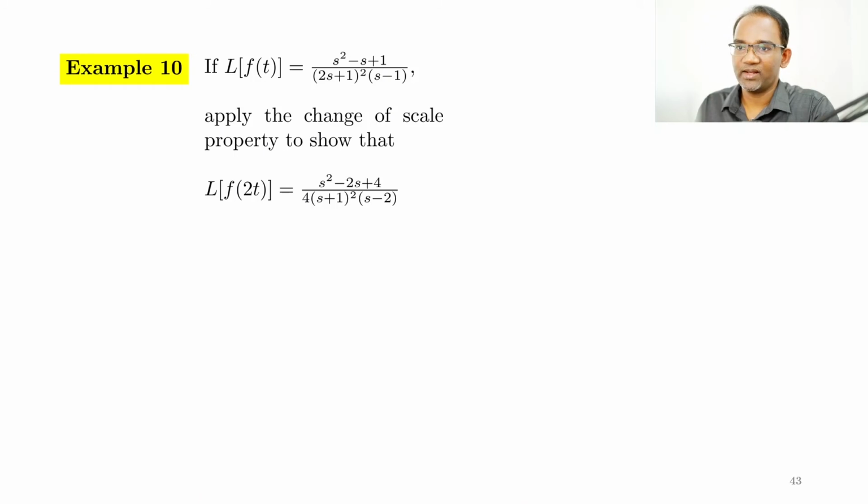Using the change of scale property, let us show that if L of f(t) is equal to (s squared minus s plus 1) over (2s plus 1) the whole squared times (s minus 1), then the Laplace transform of f of 2t is equal to (s squared minus 2s plus 4) over 4 times (s plus 1) the whole squared times (s minus 2).